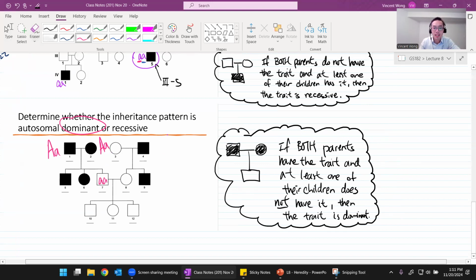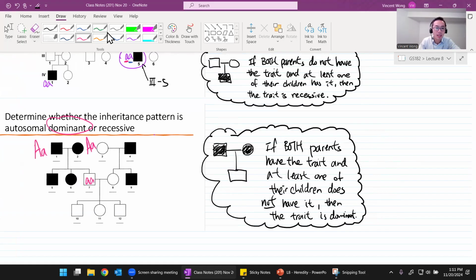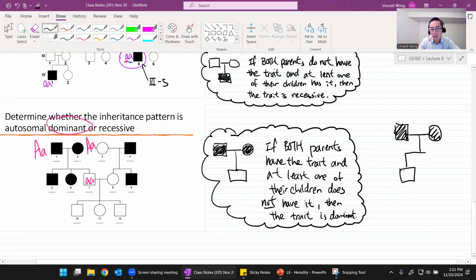Which brings out an important point. Sometimes if you see things like this, let's say they have it and then both of the kids have the trait as well. This is inconclusive. You don't know.